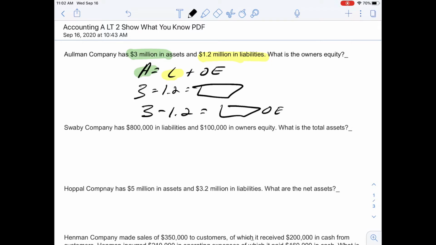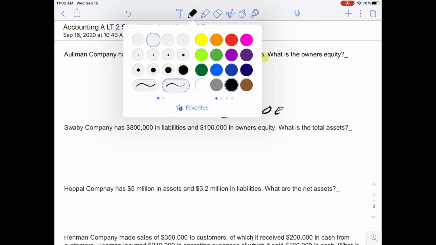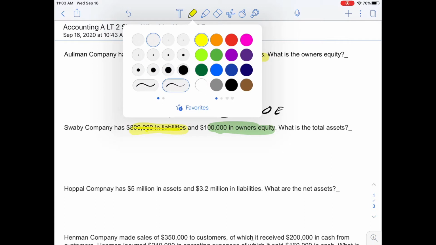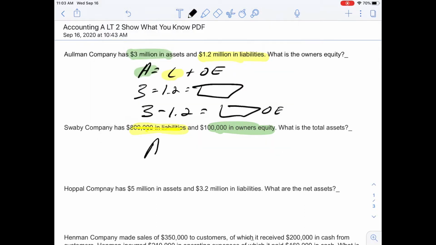We continue on. If we go down further, using the same thing, they're asking for the total assets in this one, but we do know our liabilities and our owner's equity. Again, assets equals liabilities plus owner's equity.